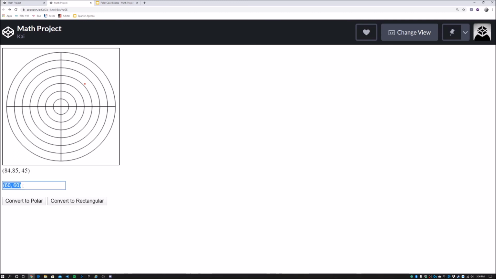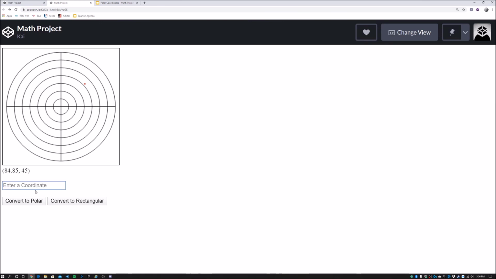So since this is the rectangular form, this would be the polar form, and it displays it on the polar graph like this. And this is all on the scale of 150, so it has a max range of 150 in every direction.